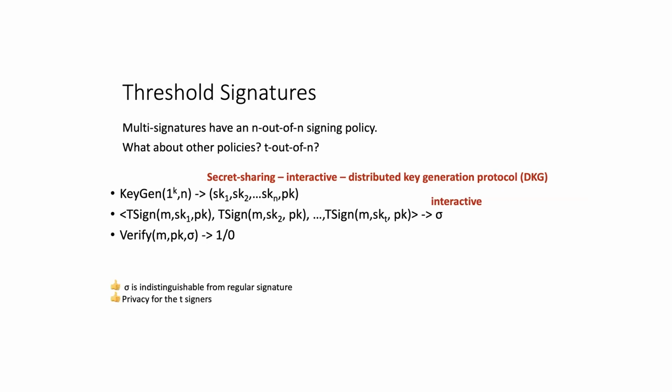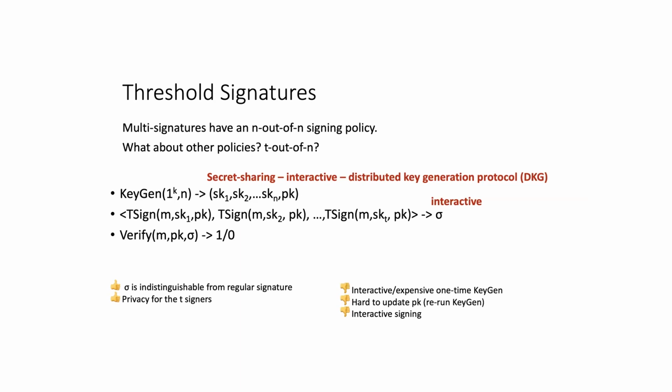So what are the nice things? As I said before, the signature is completely indistinguishable from a regular signature, the same for the public key. And the nice property of threshold signatures is that you actually get privacy for the signers. You don't really know who are the T signers out of the N that actually signed the message.